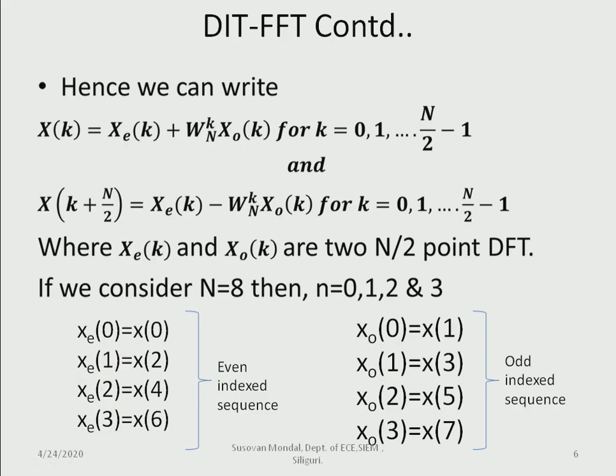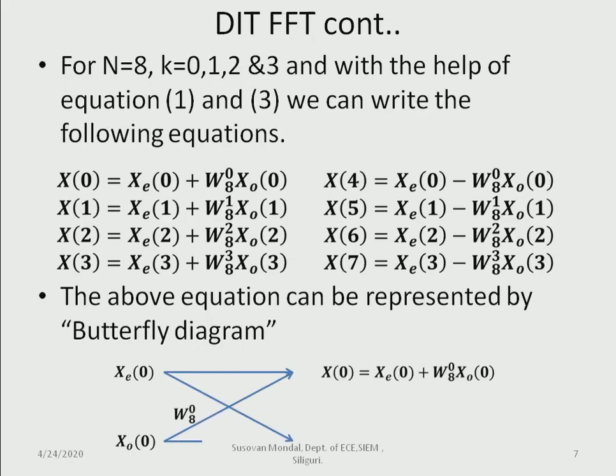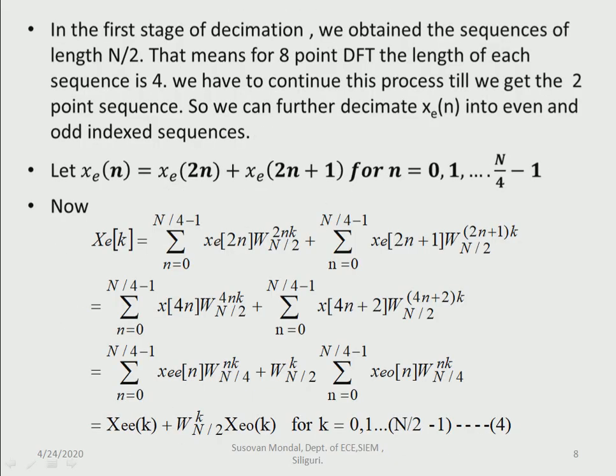Okay, so as I said, this even index sequence can be written as, this is the general formula. It's a very simple formula. So the even part will again be decimated into even part and odd part. This is even and this is odd. Now the value of n will be 0 to N/4 minus 1. This is very obvious. So these are simple calculations.